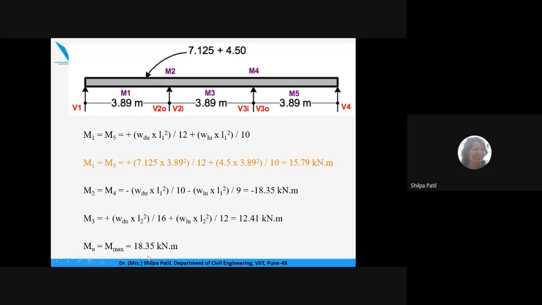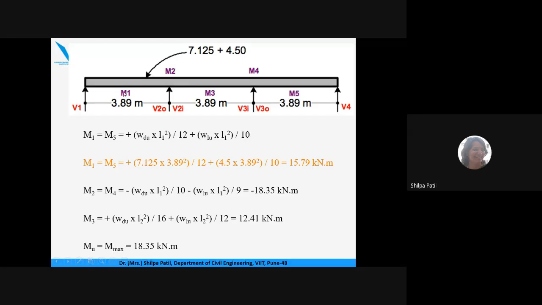Maximum MU value is coming as 18.35. This is corresponding to M2 and M4, that is for these support moments. So whatever is the steel required at the support, the same if we provide at every slab here, our design will be uneconomical, because every slab is subjected to different moment.